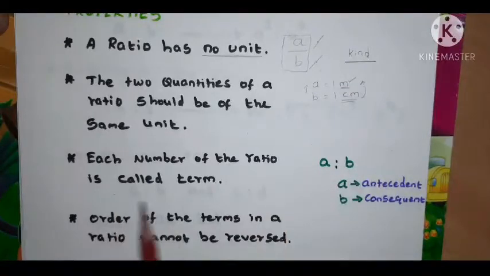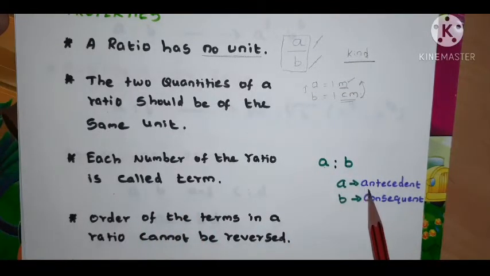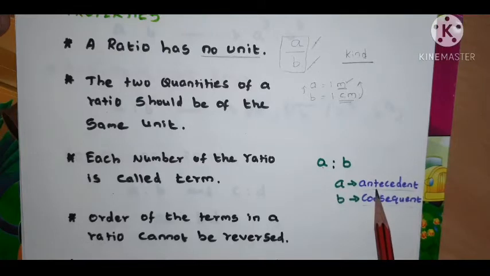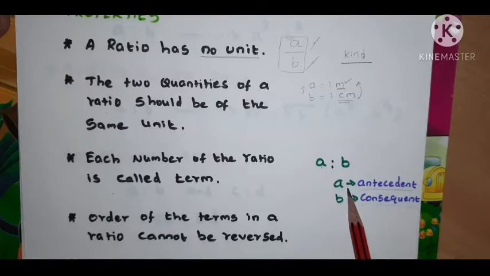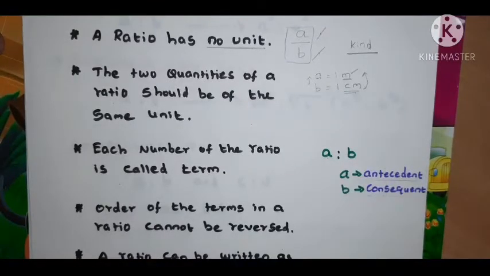Each number of a ratio is called a term, where A is called the antecedent and B is called the consequent. A is called the antecedent, that is the front number, whereas B is called the consequent, the number following the antecedent, right? So that is the other property.